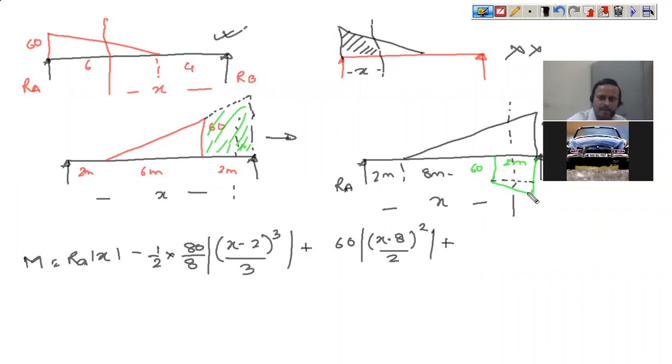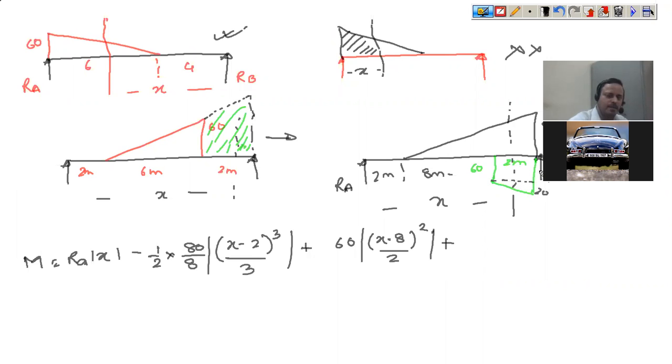Plus, again, you have this uniformly varying load. So this height is now 20. If this is 60, this is 80, and if you have drawn a parallel line, that means you have now a triangle and a rectangle of 60. So this 60 into 2 rectangle is isolated. This instantaneous height is 20, and wherever you are, you are at the larger end.